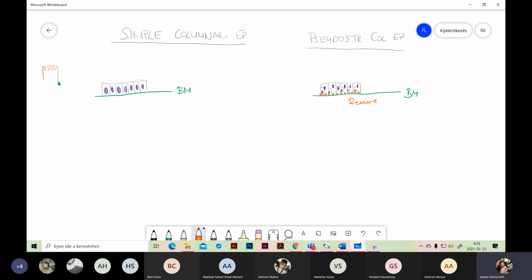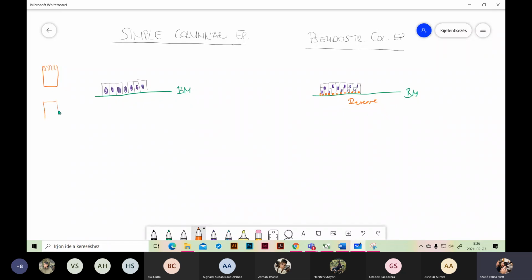Microvilli looks like this. This is absorbing the material, depending on where they are located. Firstly, microvilli can increase the surface. That's why it can increase the absorption, for example, in the small intestine. Thank you. It's a microvilli. Microvilli is a finger-like protrusion of the cytoplasm.